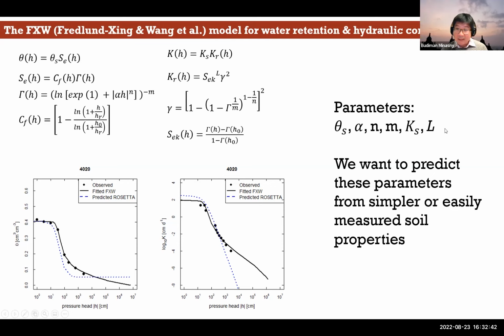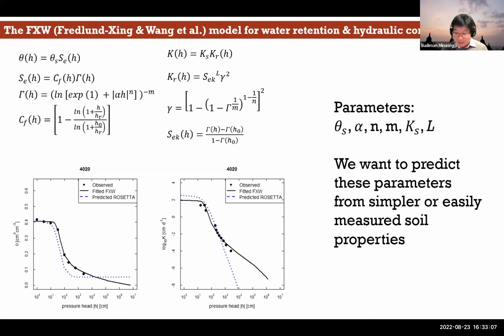We can say that it's expressed in these parameters. In this case, 5 or 6 parameters express the water retention curve. So we want to predict these parameters for a particular soil, from measurements.